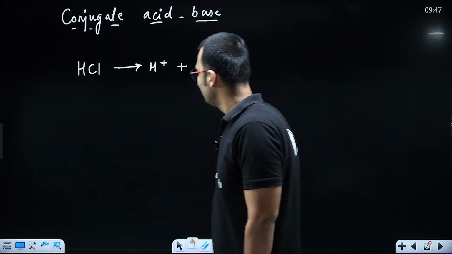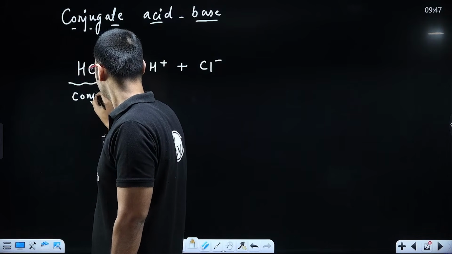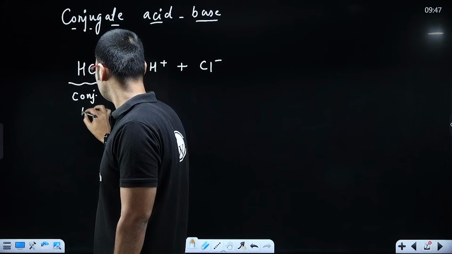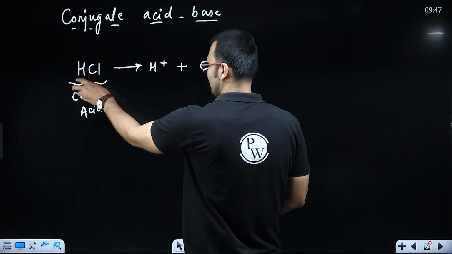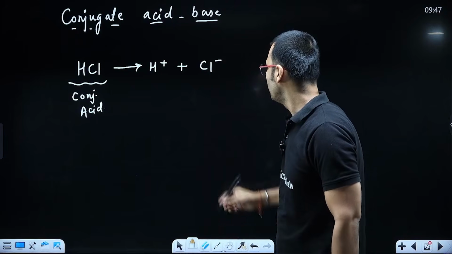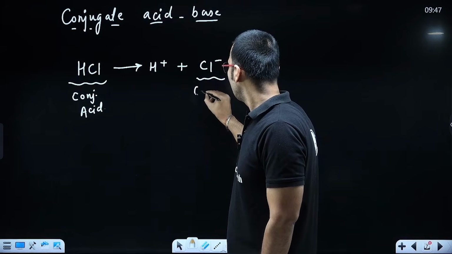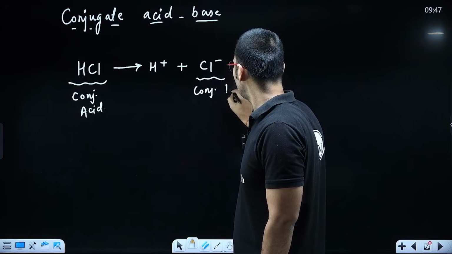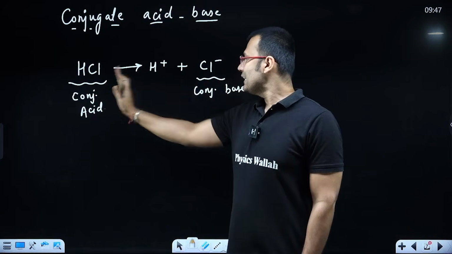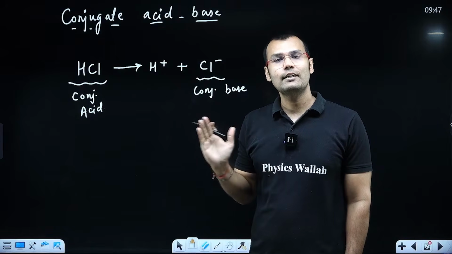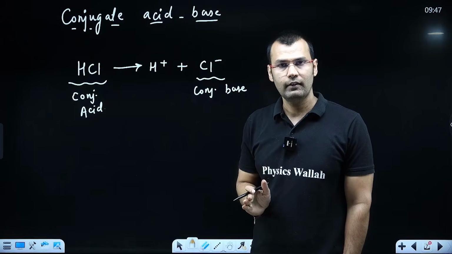So if I say that HCl is the conjugate acid, then after losing H plus, HCl converts into the Cl minus anion. This Cl minus anion will be called the conjugate base of your HCl, and overall HCl and Cl minus are a conjugate acid base pair.